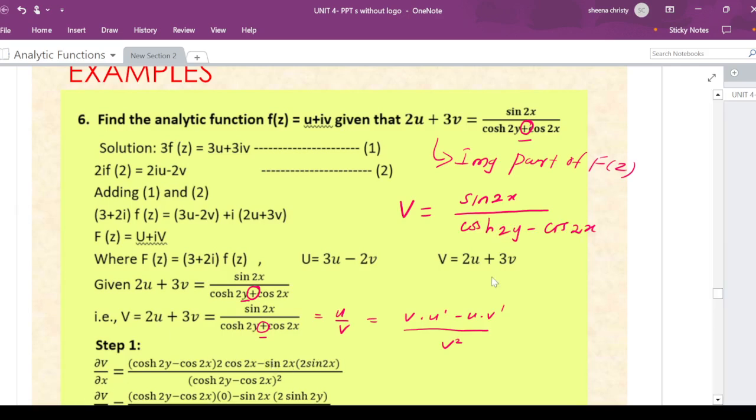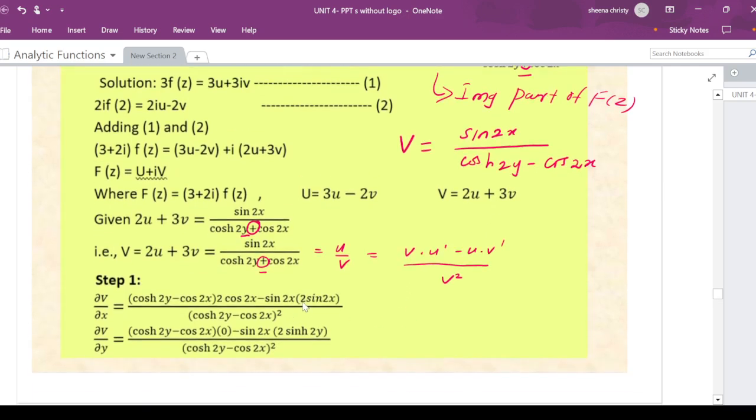Because the differentiation of cos is minus sin, and there is already a minus sign, minus into minus gives plus.